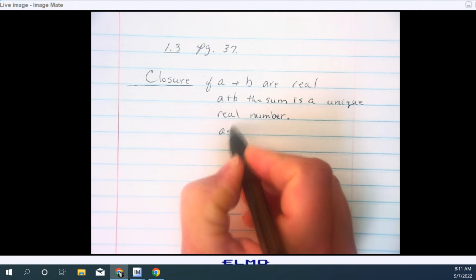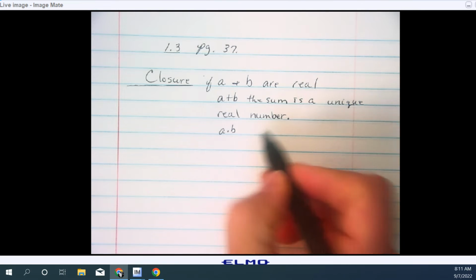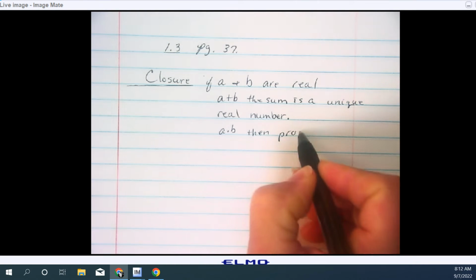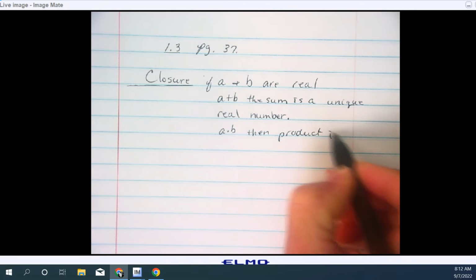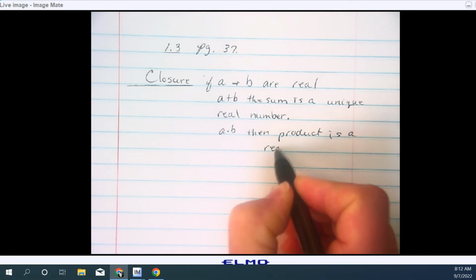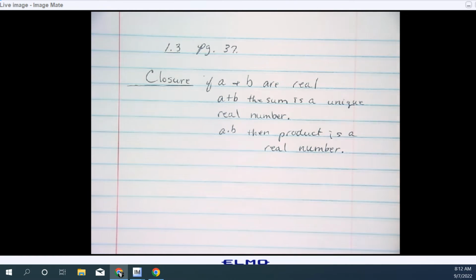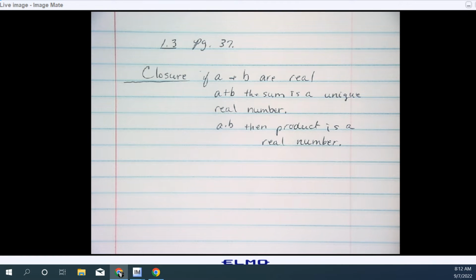If you multiply two numbers together and get that product, then the product is a real number. So it seems kind of silly right now because we haven't really dealt with anything other than real numbers. But for all of the rules to work in math, we have to state that.